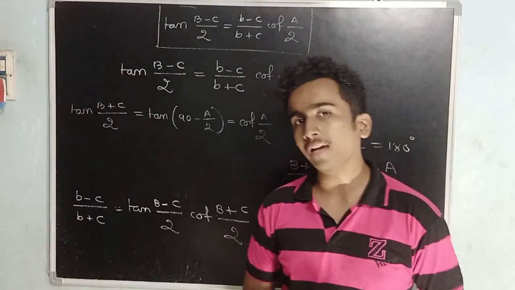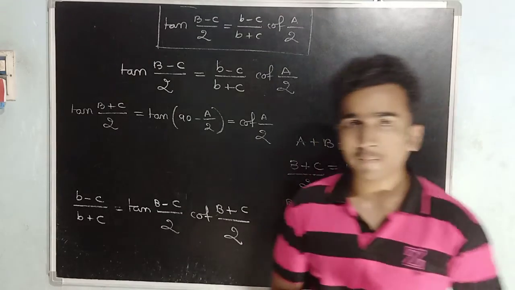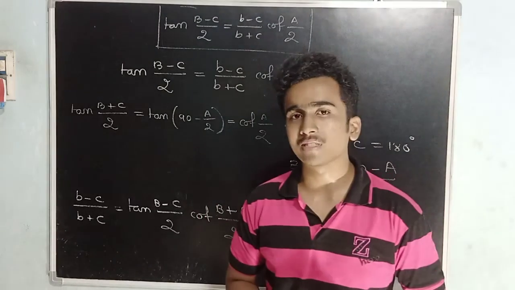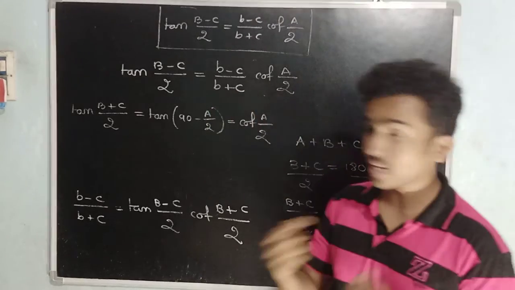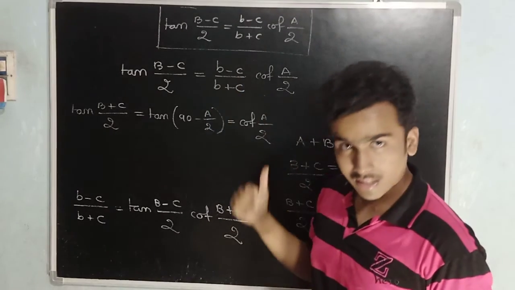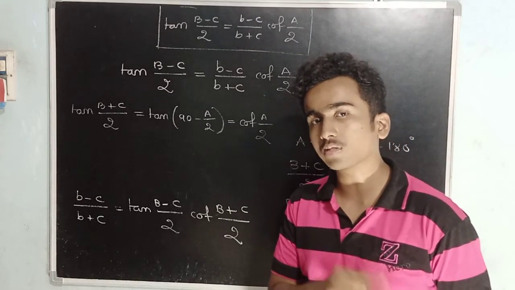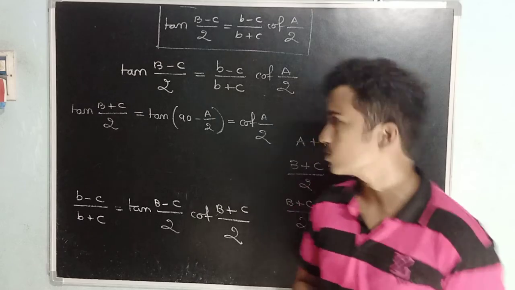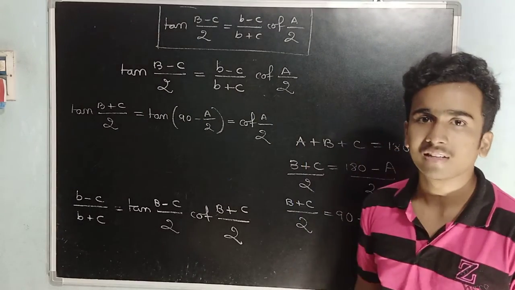And the same formula I have proved using the concept of the sine rule and basic trigonometric concepts. Sine B minus C by B plus C, sine B minus sine C by sine B plus sine C, using the sine A plus sine B formula, 2 sine A plus B by 2 cos A minus B by 2. Using basic concepts, I have also proved this formula.